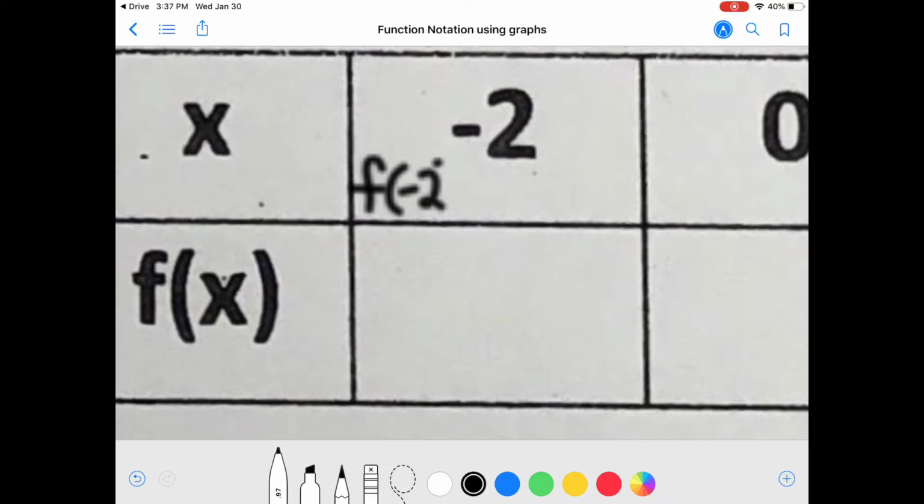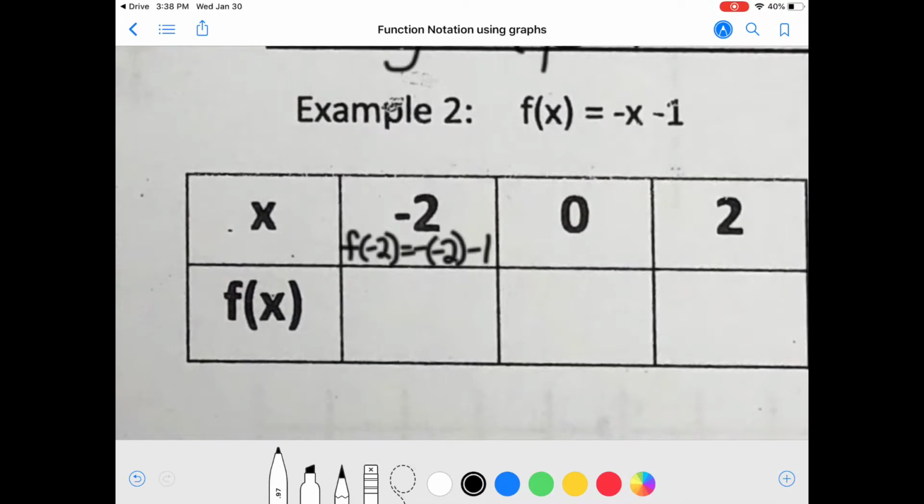F of negative 2 equals negative 2 subtract 1. So make sure you are not getting rid of this negative in front of the x. When we're given x values, you are only changing the x, not anything beside it. That is why we have to keep the negative outside of the parentheses, and that is why it's a good habit to get into, to put the given input or the given x value into parentheses.